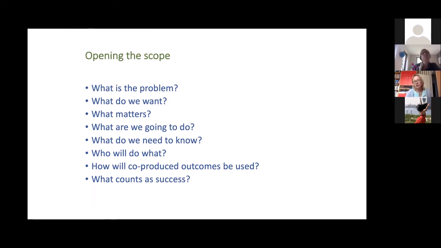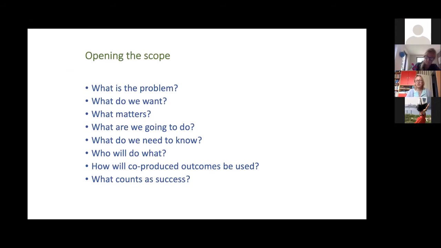And while this seems logical, and you actually find this in a lot of these methodological guidances, you will also perhaps know that in practice, there's a lot of resistance against really opening up these questions.